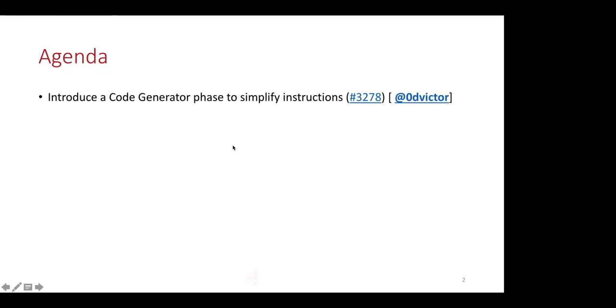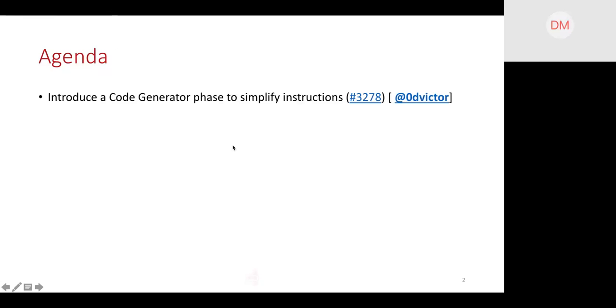Sure, thanks. A question for Victor: is the two-compare example the only example that you have in mind for where this is useful on x86 right now? Actually, the one I'm trying to implement is not the two-compare one.